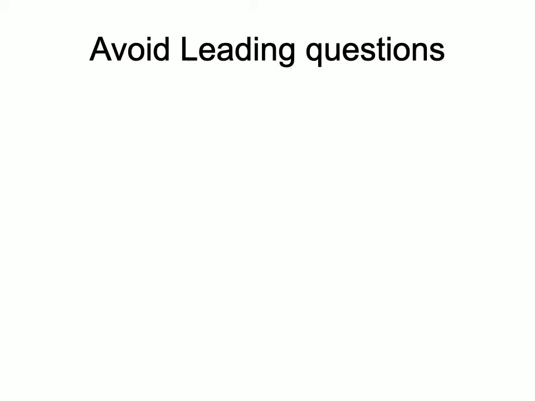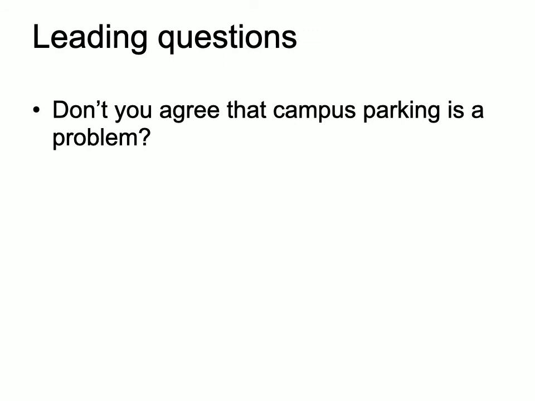So just to give a specific example, what we want to avoid are questions that lead people in one direction or another. So if I was asking a question about parking on campus and I had a question, don't you agree that parking on campus is a problem?